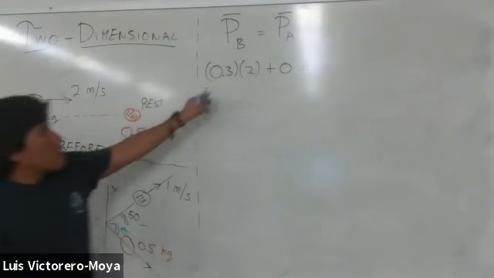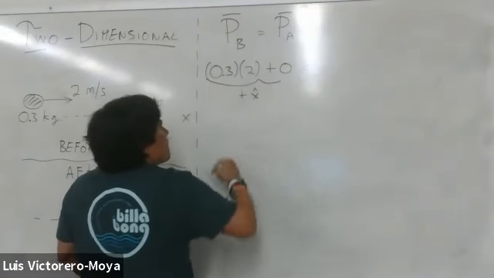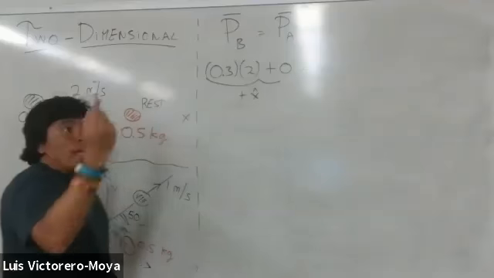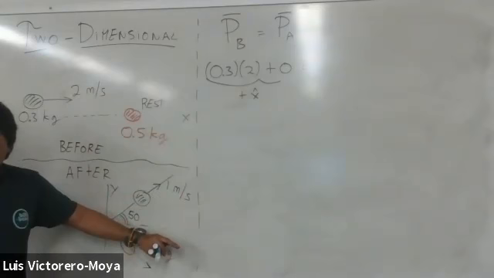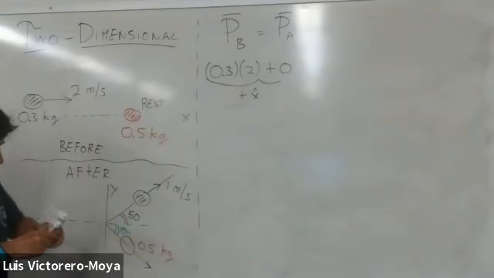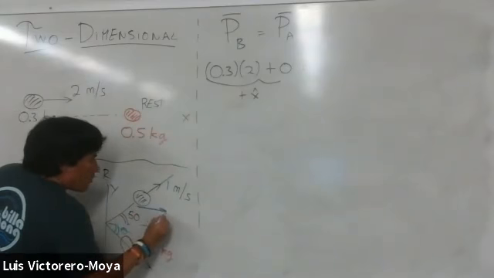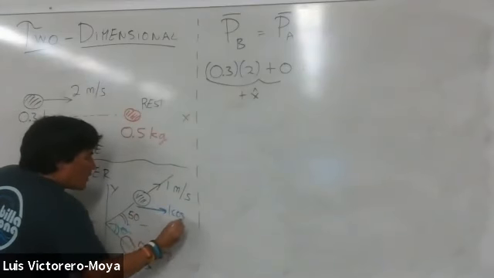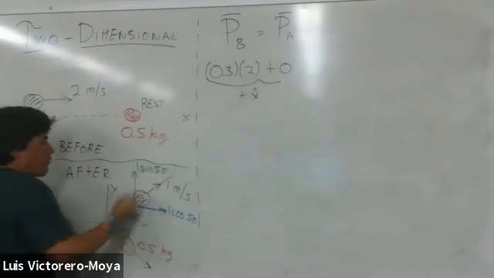This one is on the positive x-axis, so I need the momentum on the x-axis, which will be this one multiplied by the cosine of 50, right? In the problem in the web assign, they give you those components. So you have here 1 cosine 50, and up here 1 sine 50.